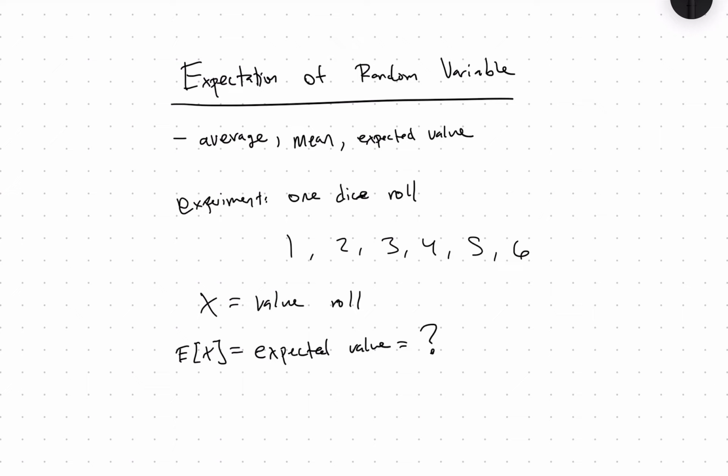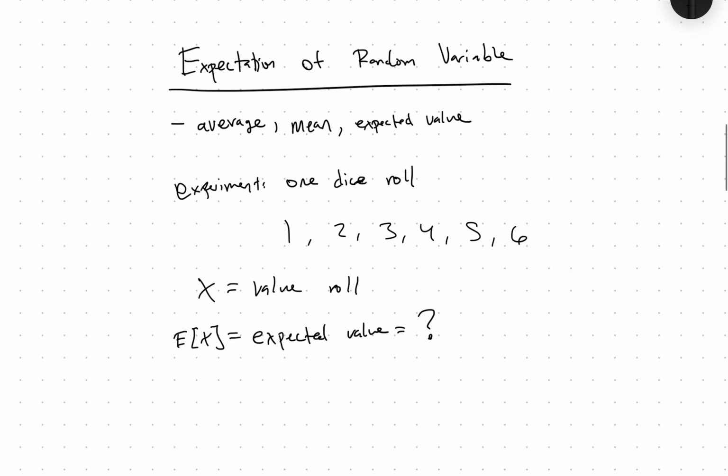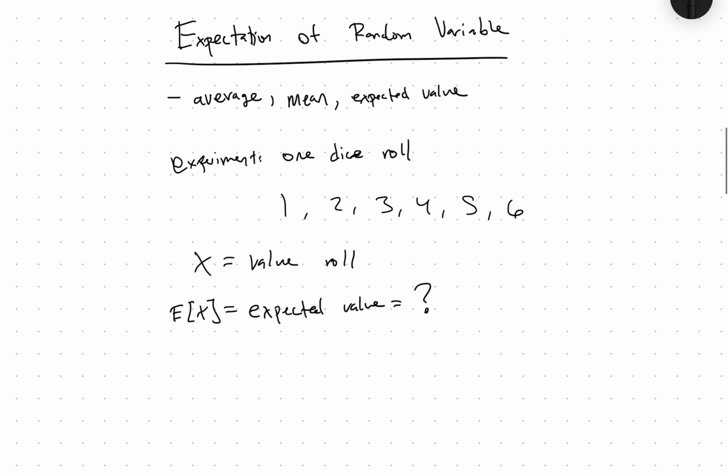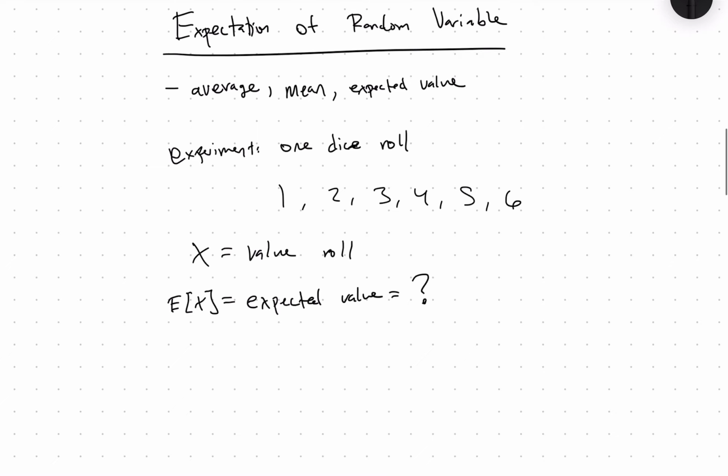of this experiment. Like, if I were to bet $100 on what value would happen, what would I bet on? What can I expect to be the average? That is the question that we get to answer with expectation.